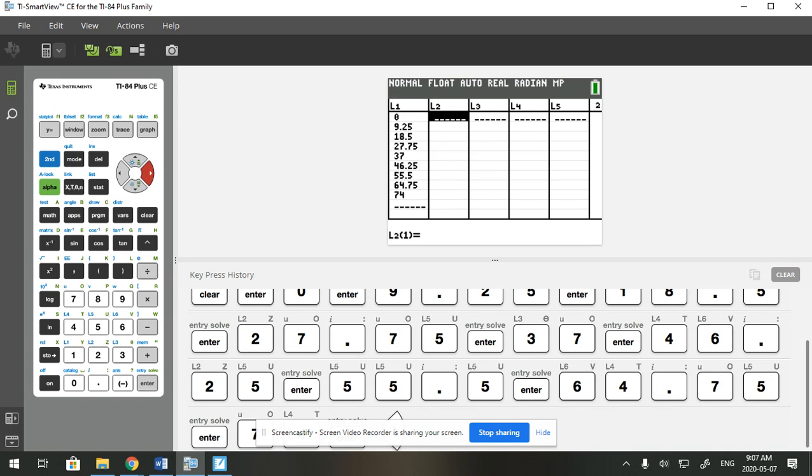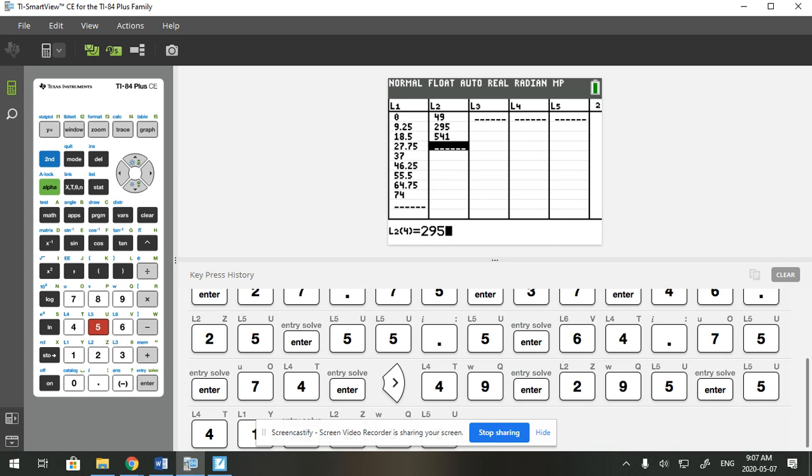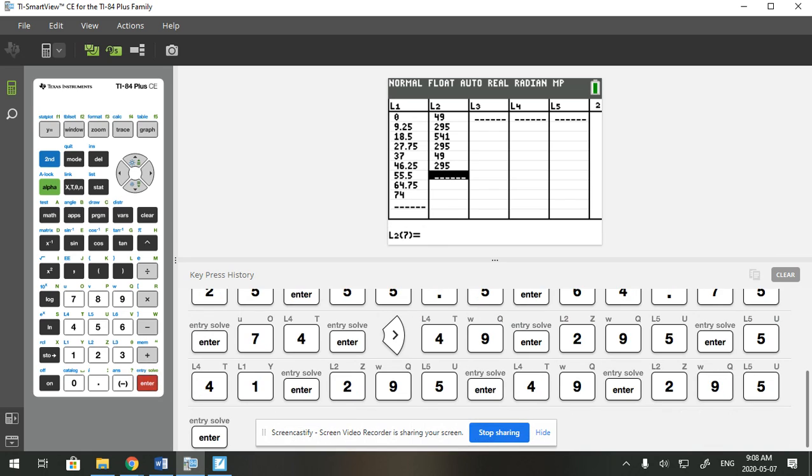Then we're going to enter in our height. Okay, so now all our information is listed there.